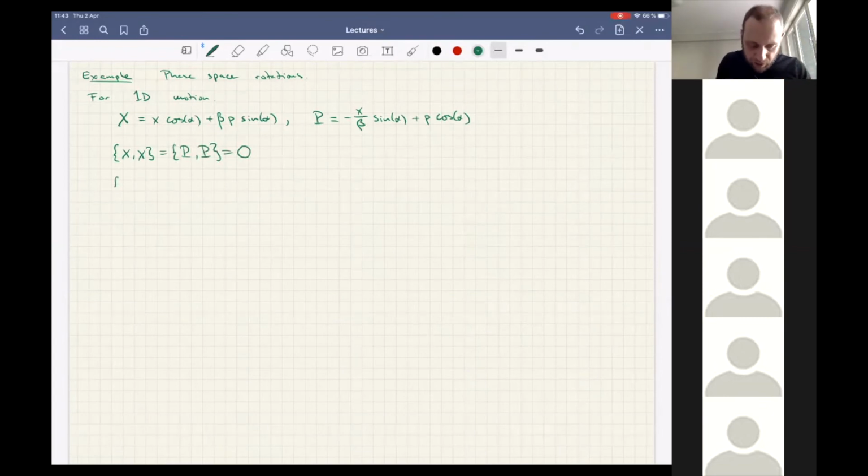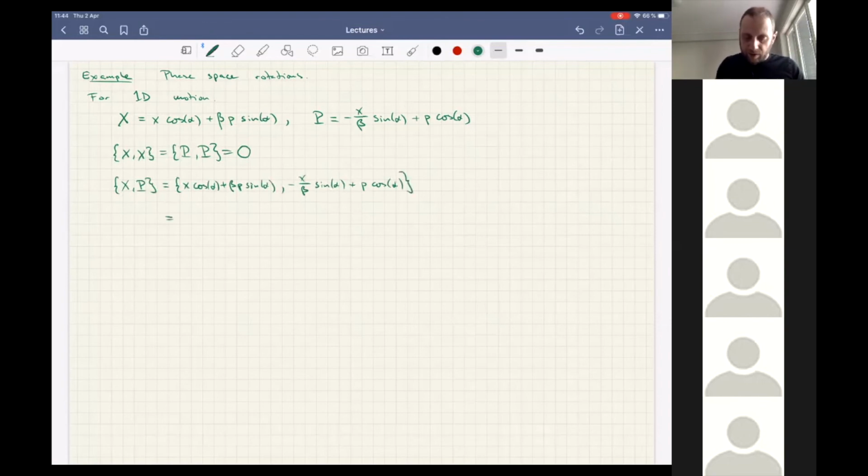But what we do need to check is whether this Poisson commutator between x and p, if it's a canonical transformation, is equal to 1. So let's just check that. We have x cosine alpha plus beta p sine alpha, and we take the Poisson commutator with x over beta sine alpha plus p cosine alpha.